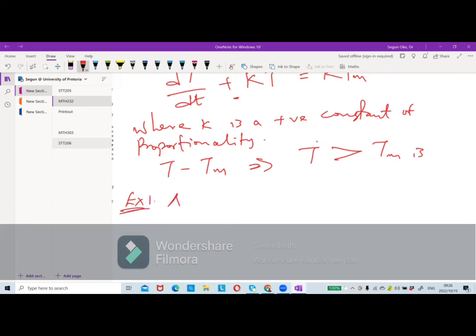Wow. I need to rush now. Let's write fast. A metal bar at a temperature of 100 degrees Fahrenheit is placed in a room at a constant temperature of 0 degrees Fahrenheit. I believe you know how to convert this one. If you don't know, go and check it, to convert it to Celsius in case they ask you to do that.